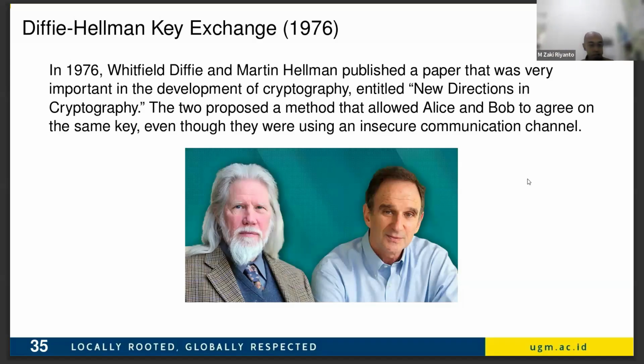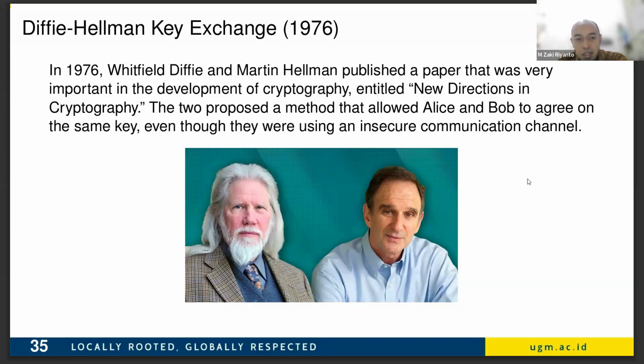So in 1976, Whitfield Diffie and Martin Hellman published a paper that is very important in cryptography. The title of the paper is New Directions in Cryptography.